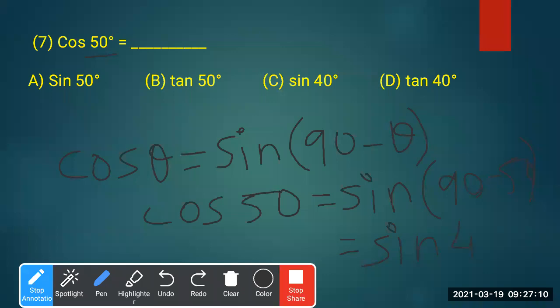Sine 40 degree. So cos 50 equals sine 40, and from the options it will be C. This is a different type of question which is based on the relation among the trigonometric ratios. If you know the trigonometric ratios, you can apply them and get the values.